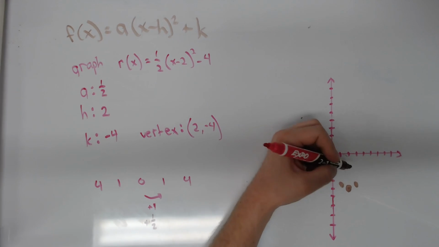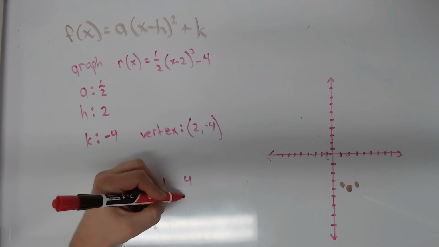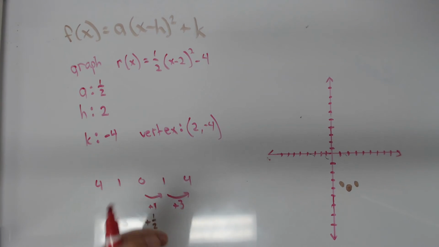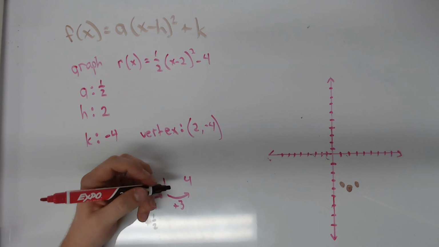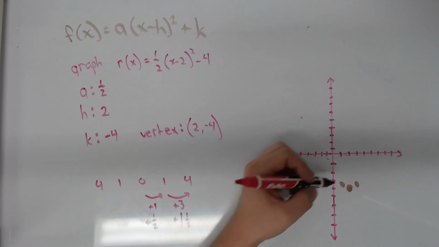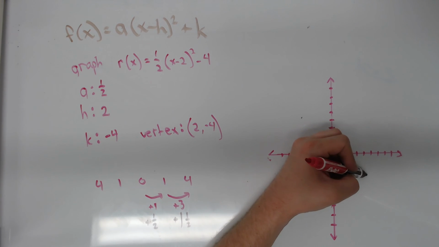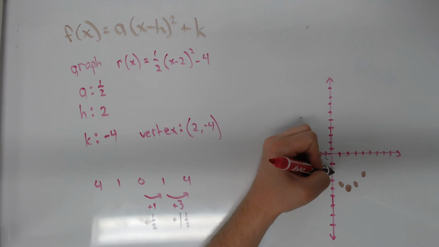So barely at all. Then over 3, half of 3 is plus 1.5. So I'm going to go over 1 more and then go up 1.5. So now I should be at the 2 line.